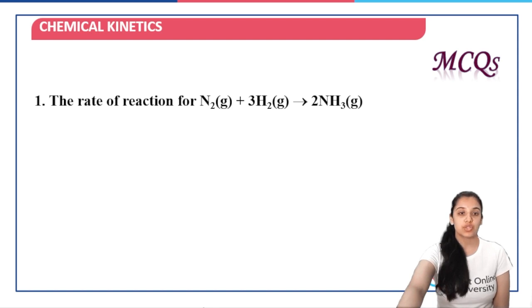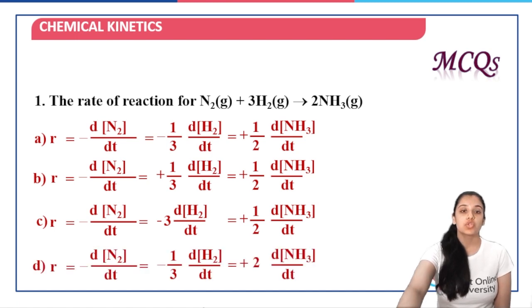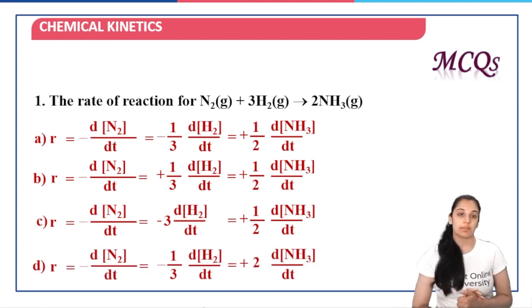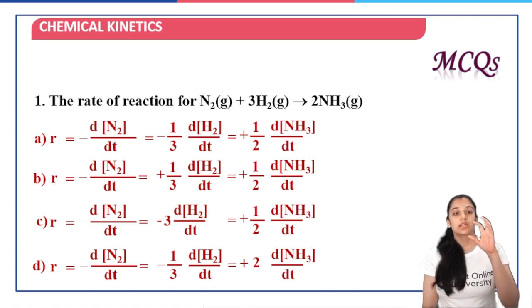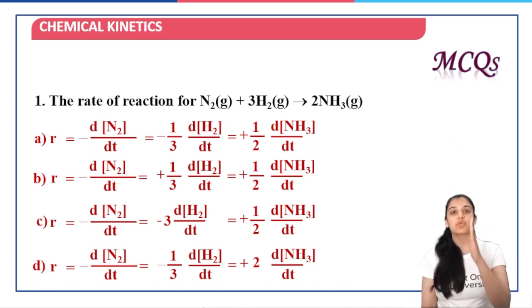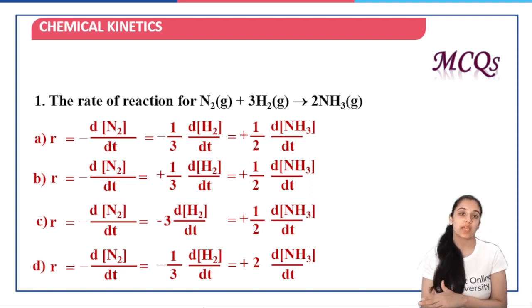The rate of reaction for N2 plus 3H2 giving 2NH3 would be. These are the options. So quickly tell me, you have to have a look at three things here. The reactants have got a negative sign with them and the products have got a positive sign with them.